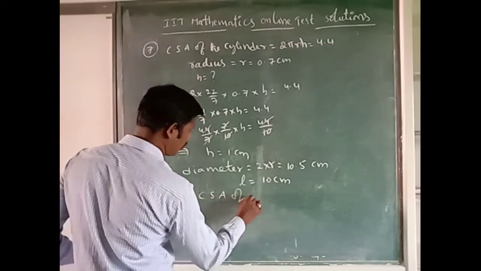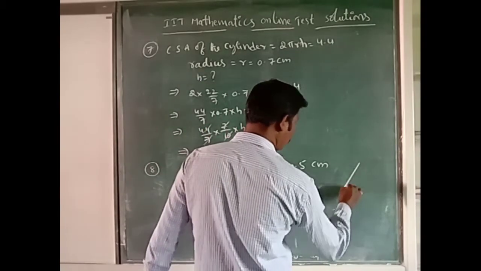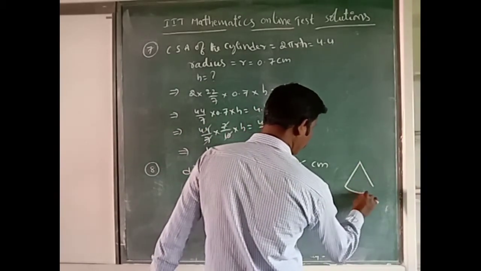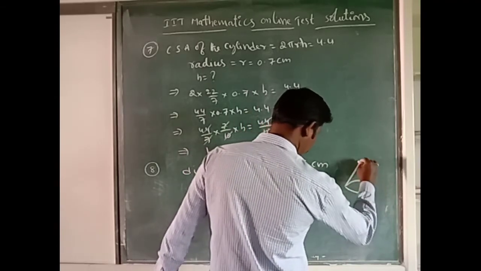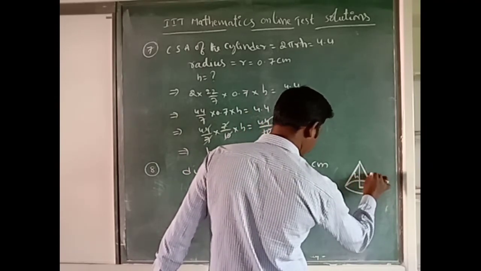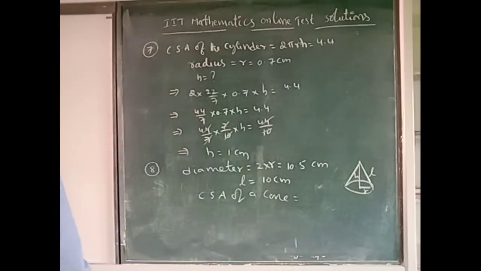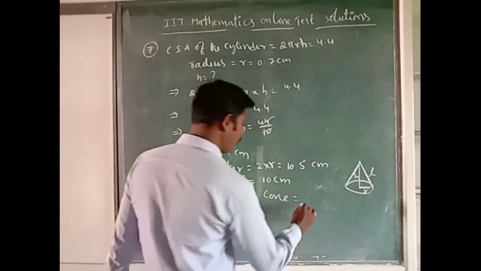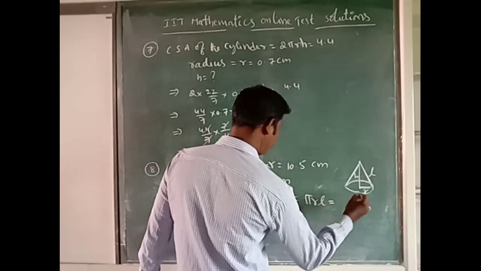Next, the curved surface area of the cone. Look at the board, children. Remember the formula. If it is a cone, it has height, slant height, and radius. The curved surface area formula is πrl. π is equal to how much, children?